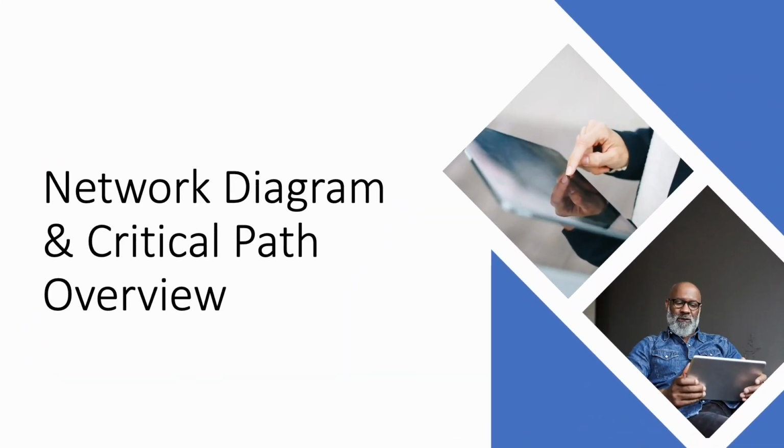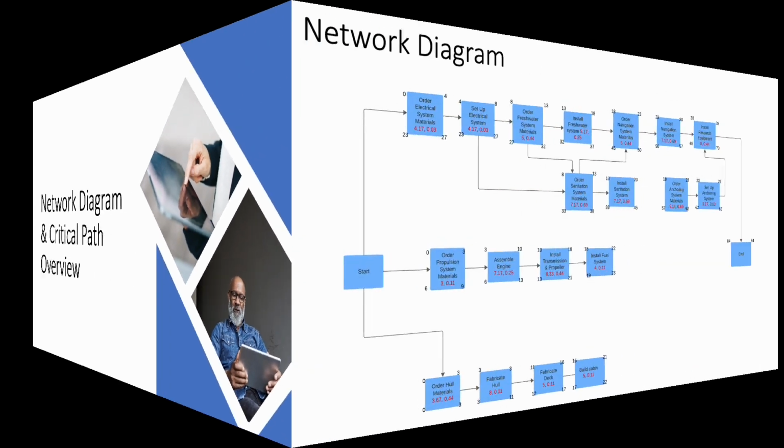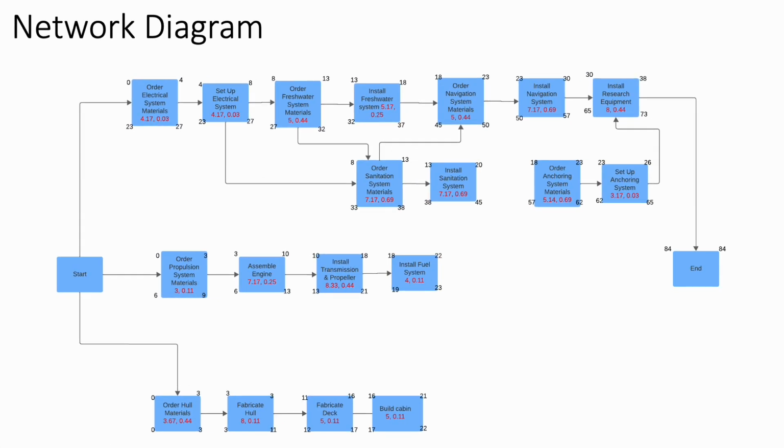Now on to our network diagram. The network diagram visually represents the sequence of tasks and their dependencies. By organizing the activities in the proper order, we can track how each task depends on the completion of others before it can begin. This layout helped identify the critical path as well.